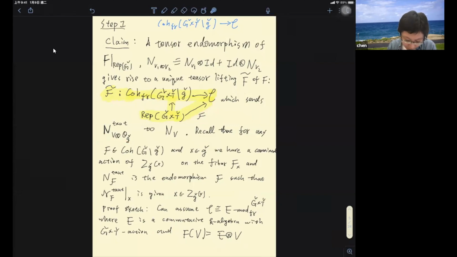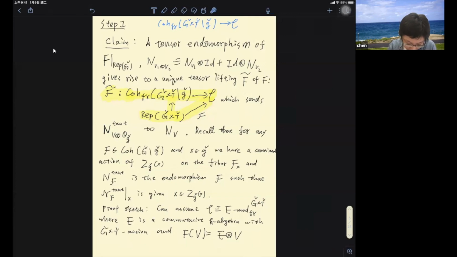Recall that for any equivariant sheaf on this quotient stack and any element X in the Lie algebra, the equivariant structure on F will define the action first of the centralizer of X in the dual group G check, and then you can differentiate this action. So you get the action of the centralizer of X in G check on the fiber. So it comes from the equivariant structure.